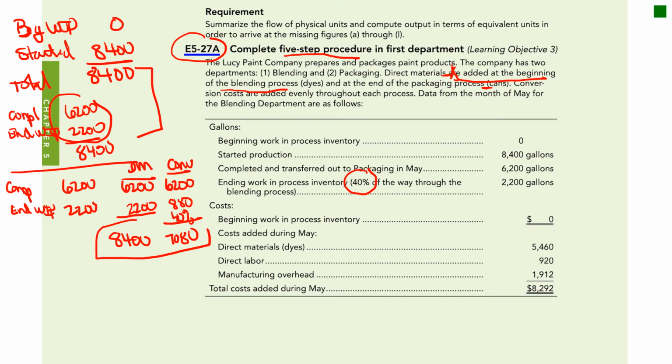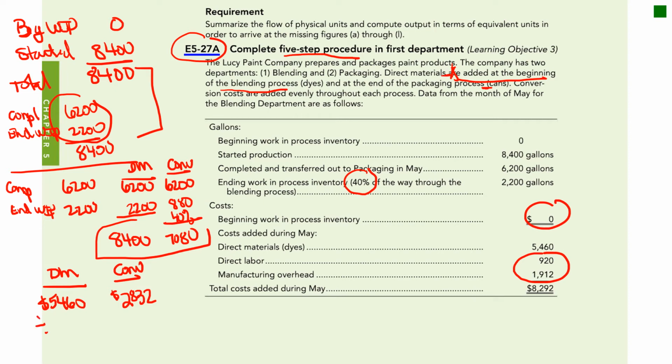In order to get that, you simply have to add up all your dollars. For direct material and for conversion, beginning WIP was 0. So for direct materials, it's simply going to be 5,460. For your conversion, you simply have to add the 920 plus the 1,912, that's 2,832.